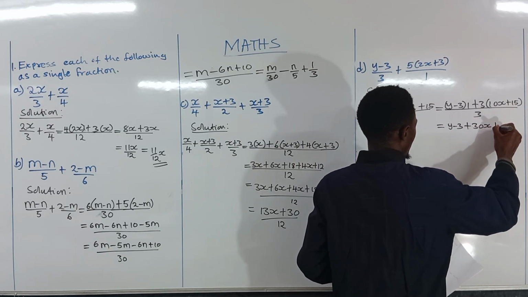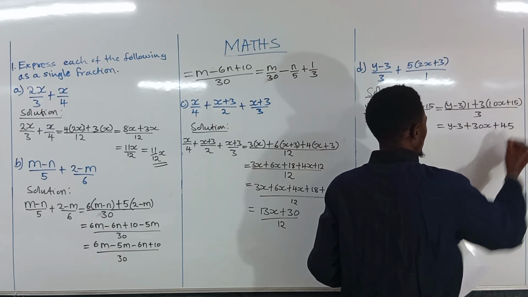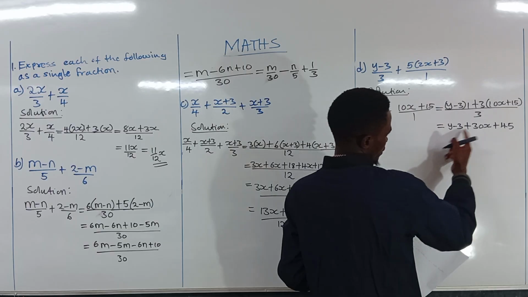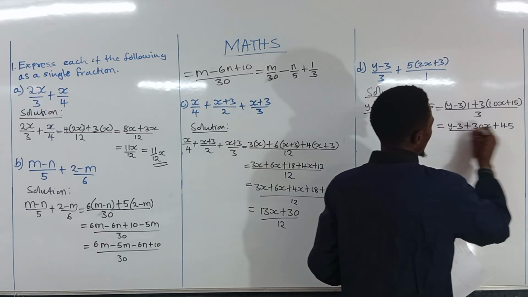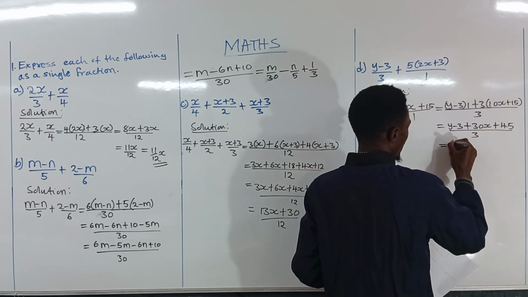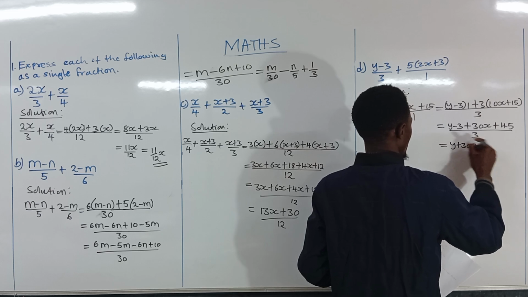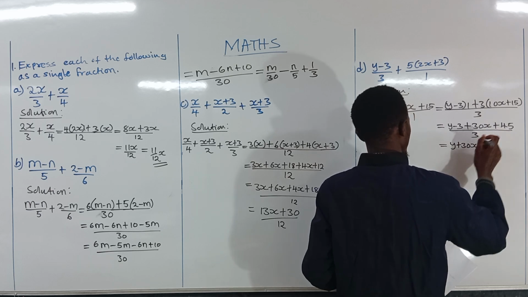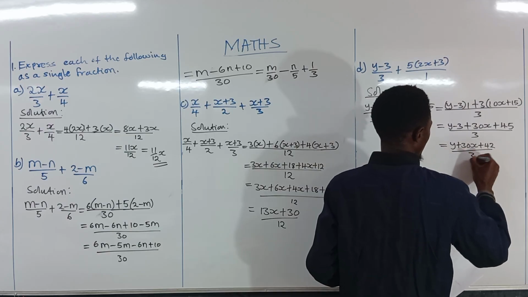So our solution here becomes y minus 3 plus 30x plus 15 times 3 is 45. So here in this case we have 3 and 45, which are non-letter numbers, and then we have divided by the whole thing out of 3. So y plus 30x, negative 3 plus 45 is going to give us plus 42 out of 3.